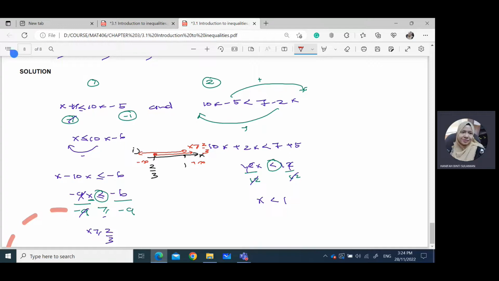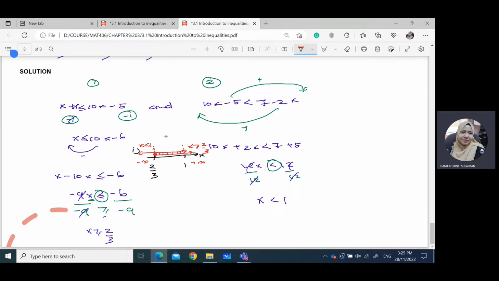Okay, so based on this number line, kita akan ambil yang intersect ataupun yang overlap. Iaitu, so nilai bagi x adalah antara 2/3 dan juga 1. So jawapan dia nilai-nilai x adalah berada di tengah-tengah ni lah. Di antara 2/3 dan juga 1.